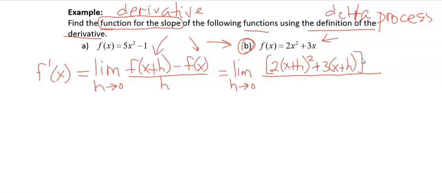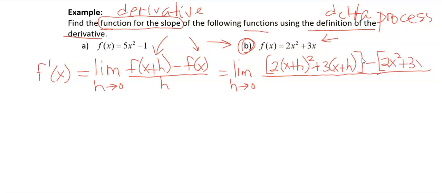And I'll put a square bracket around that. Now remember what that is. That is f of x plus h. All I did was take the function, and wherever I saw an x, I replaced it with x plus h. And then there's a minus. Now you're subtracting the original function, f of x. Please use brackets here. Remember I mentioned in the last video that the brackets are going to matter because there's a minus in front.